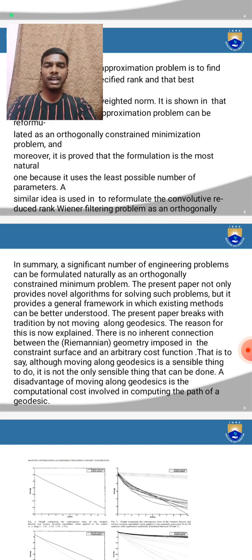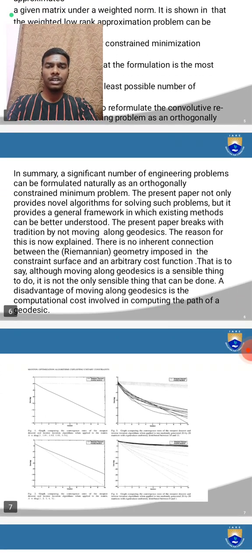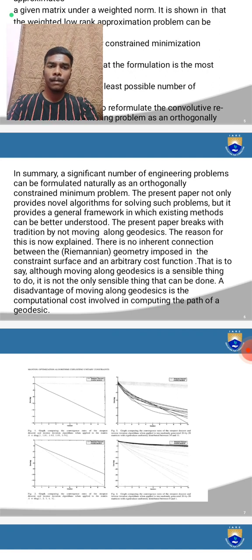A similar idea is used to reformulate the reduced rank Wiener filtering problem as an orthogonally constrained problem. In summary, a significant number of engineering problems can be formulated naturally as orthogonally constrained minimization problems. The present paper not only provides novel algorithms for solving such problems, but also provides a general framework in which existing methods can be better understood.